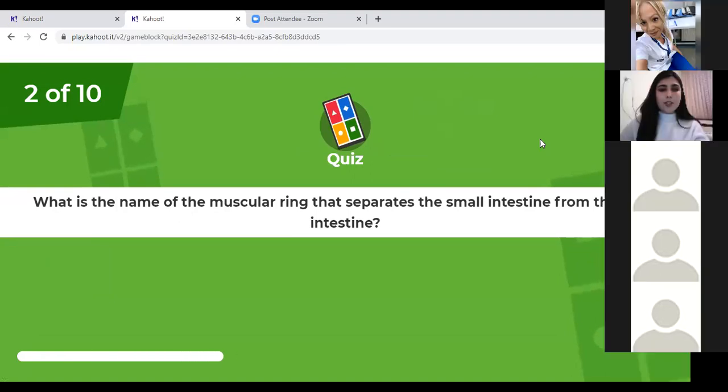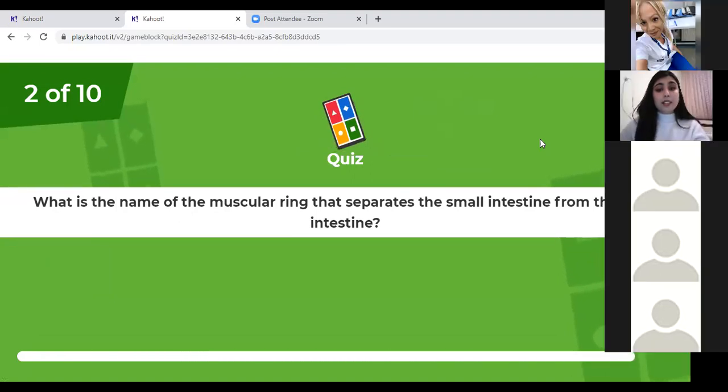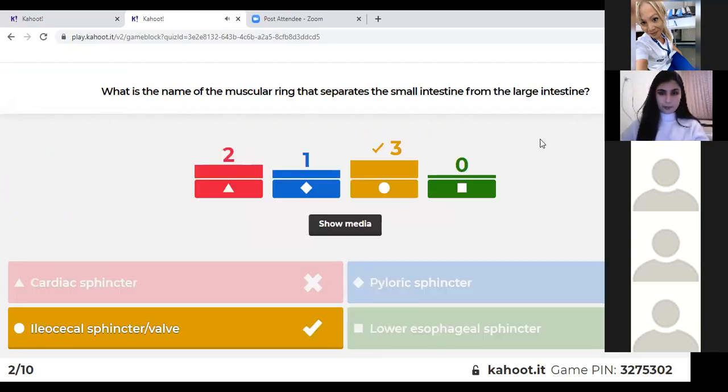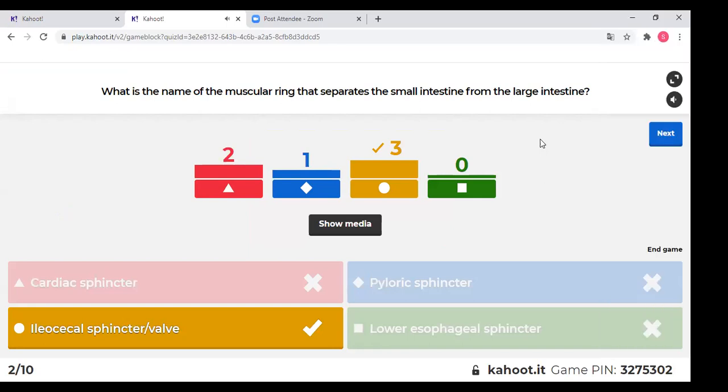The second question, what is the name of the muscular ring that separates the small intestine from the large intestine? Cardiac sphincter, pyloric sphincter, ileocecal sphincter, lower esophageal sphincter. Yeah, the true answer is ileocecal sphincter.